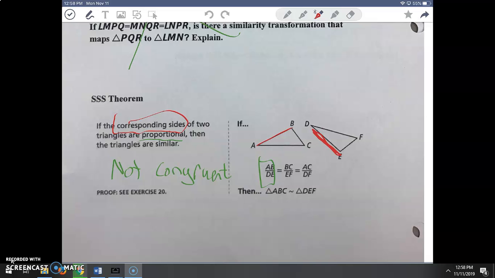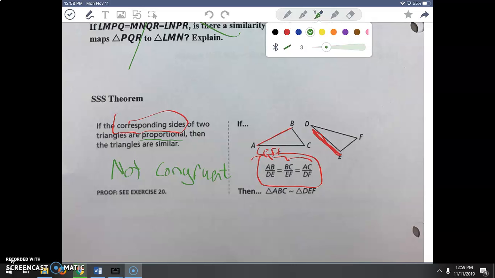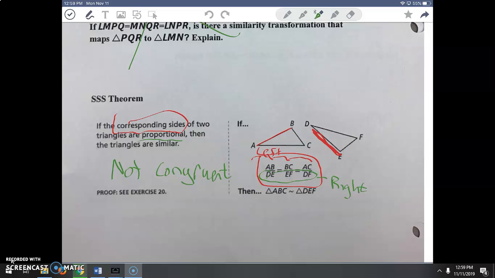And notice when we write proportions, on the top they are all the left triangle, and on the bottom those are all the triangle on the right.